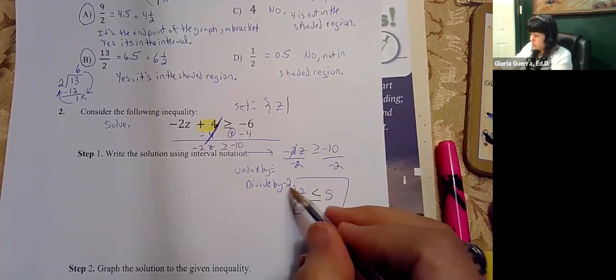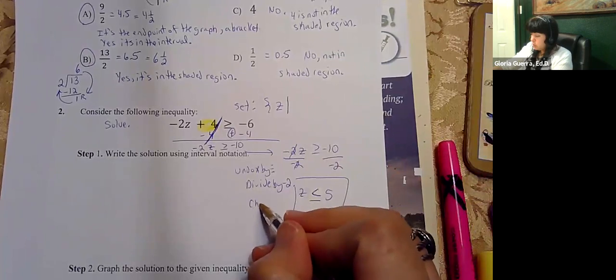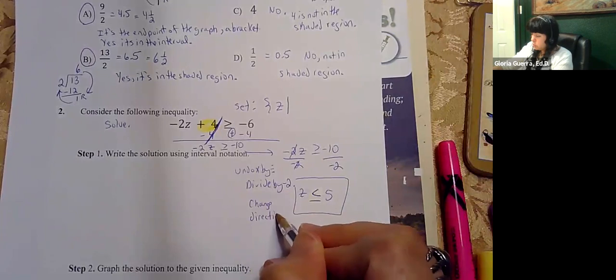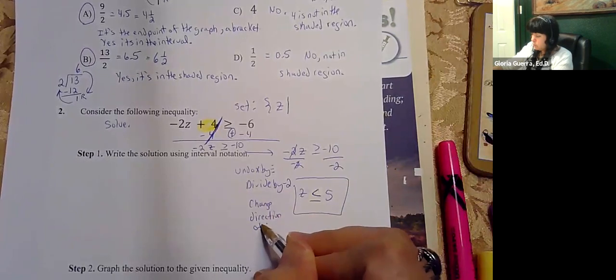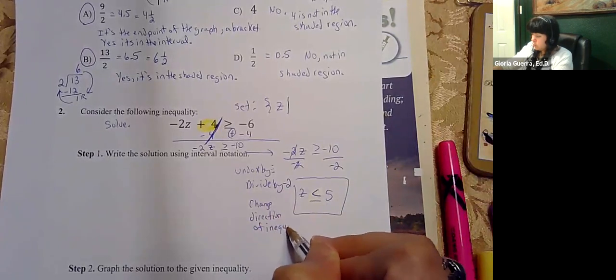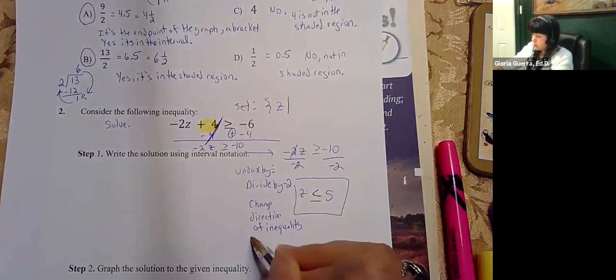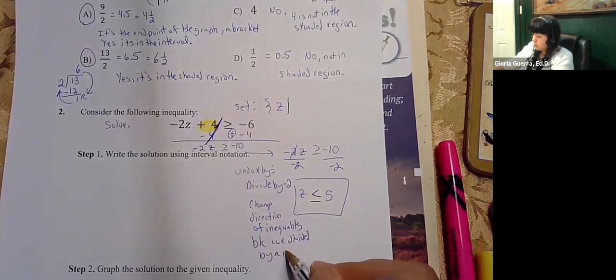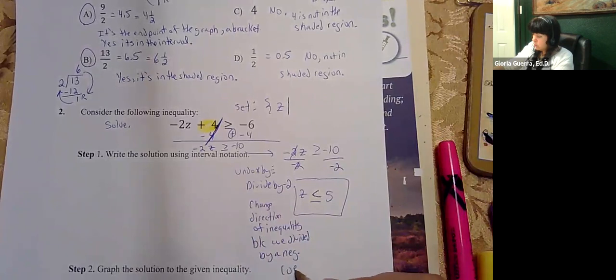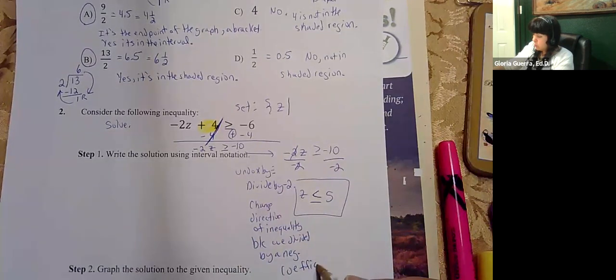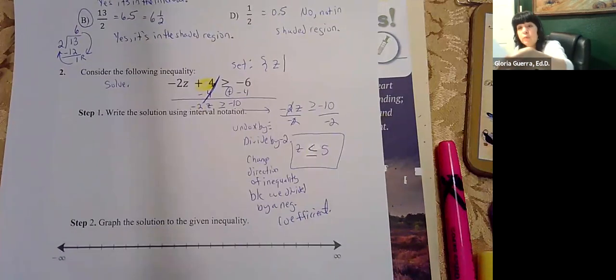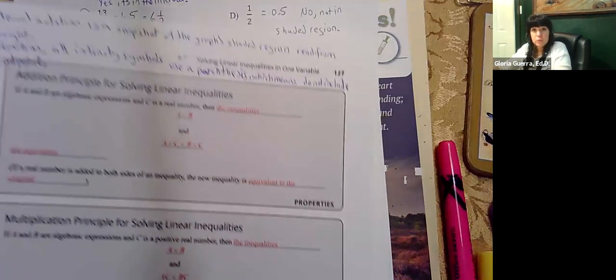So divide by -2 and you want to change the direction of the inequality because we divided by a negative coefficient. Remember when we had these steps on page 127?